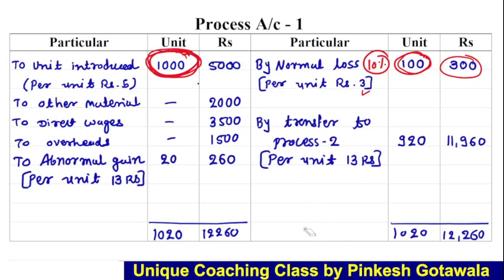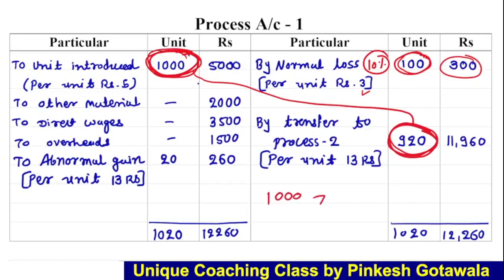But if you check the process account, 1000 units introduced and at the last 920 units produced. Against 1000 units, how many units are produced? 920. So how much loss is there? There is a loss of 80.